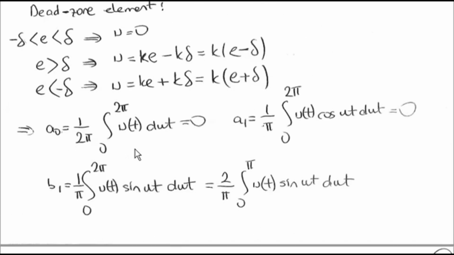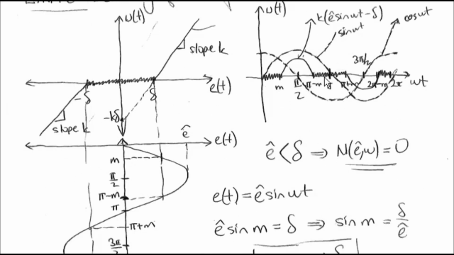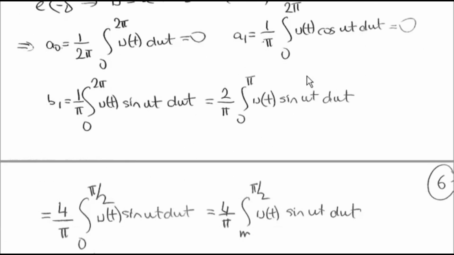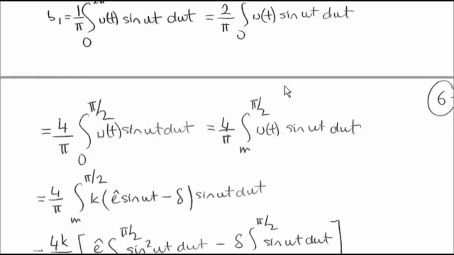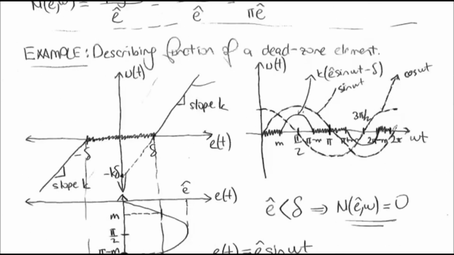And now I can use where this function u is non-zero. So the multiplication of u and sine will be equal to 0 in these intervals where u is equal to 0. So therefore, I need to take the integral only between m and pi minus m. And in this interval, I know what this u of t is, and I know the sine function. So I will just multiply the sine function with this u of t in the interval m to pi minus m. So here, therefore, sorry, I'm making a mistake here.